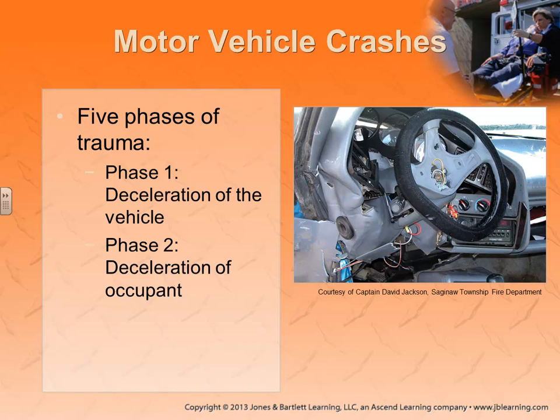It hits that big tree and stops. What happens to that energy that was being used by that vehicle until it came to that abrupt stop? It's transferred into the object or the tree, right?